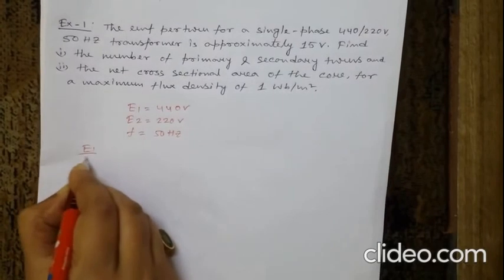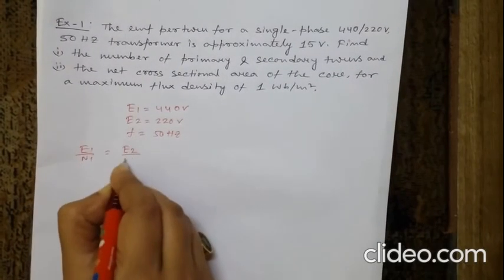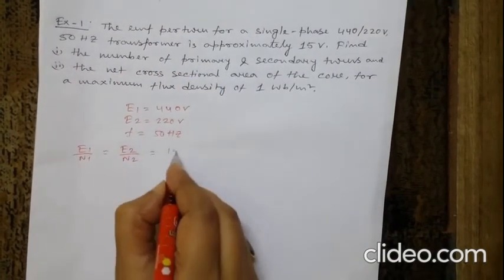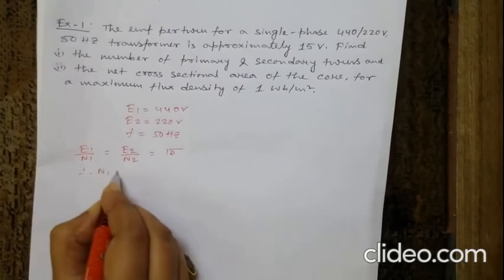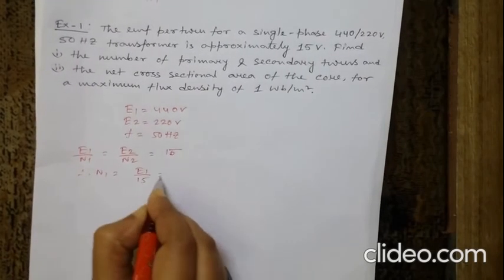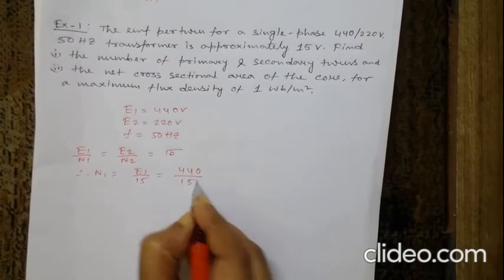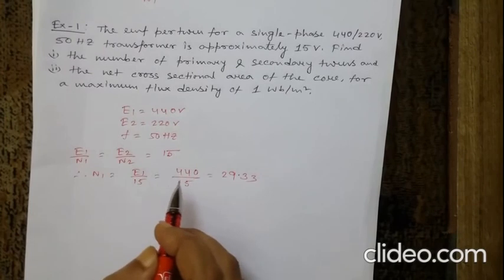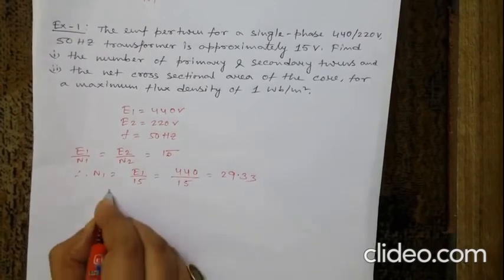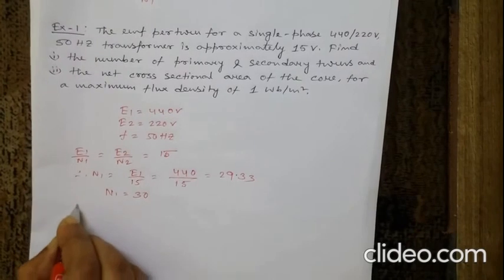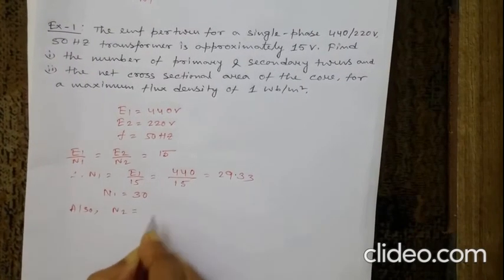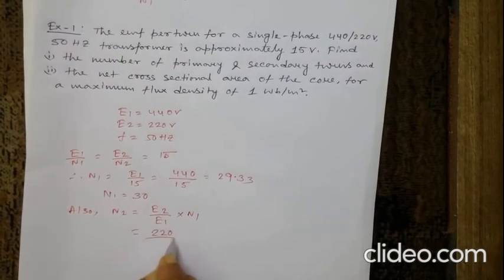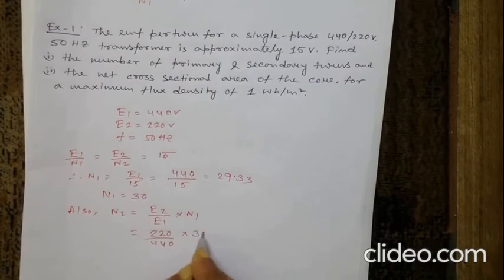We know that E1 by N1 equal to E2 by N2 is equal to the EMF per turn, approximately 15 volt. So N1 equal to E1 by 15, that is equal to 440 by 15, 29.33. As the number of turns cannot be fractions, N1 was taken as 30. Also N2 equal to E2 by E1 into N1, that is equal to 220 by 440 into 30 is equal to 15.